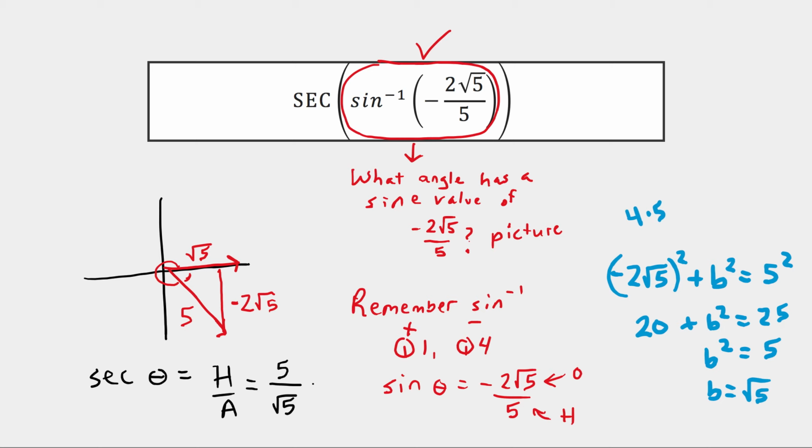We're going to multiply top and bottom by the square root of 5 to rationalize that denominator. And that is going to give me 5 on the square root of 5 over 5. So my 5's will cancel, giving me a final answer of the square root of 5.